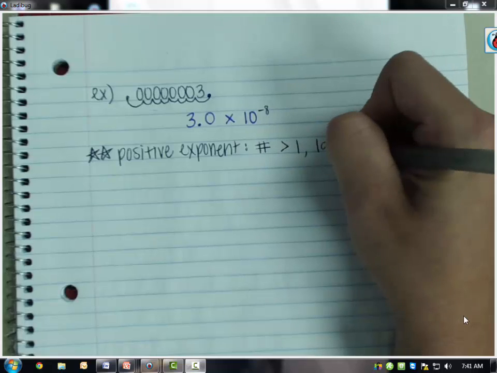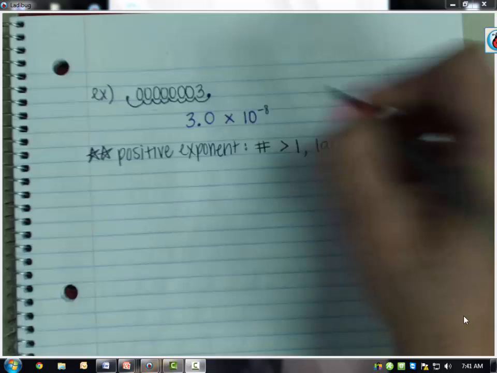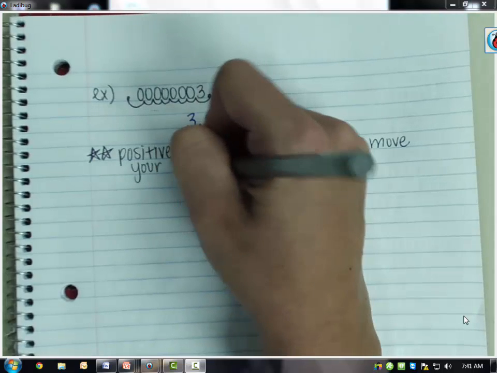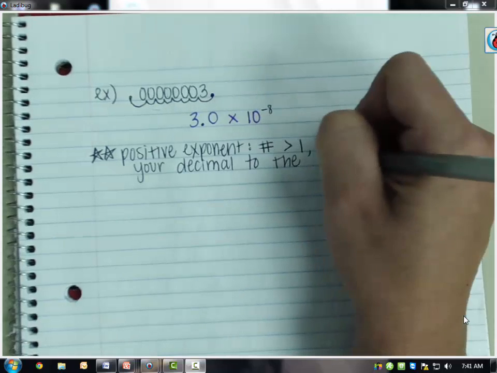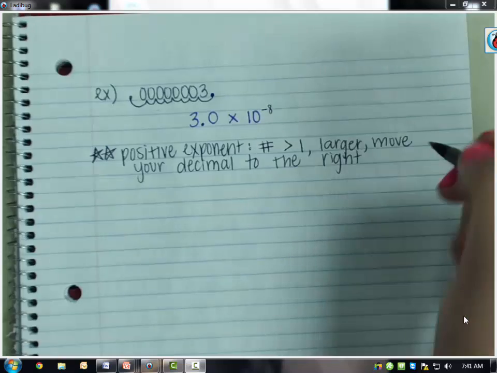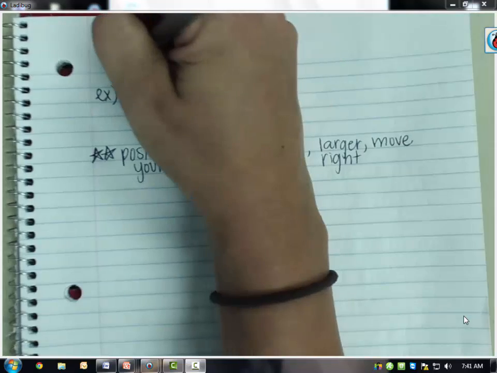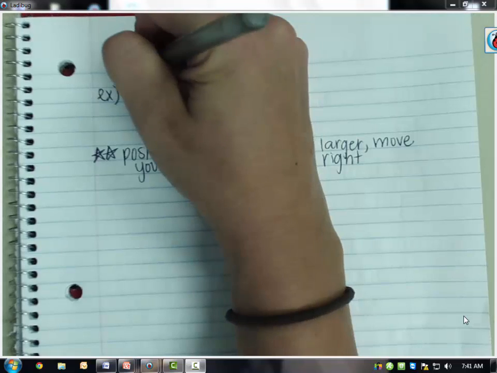Move your decimal to the right. Okay, so if you looked on the first example, we had 97, and so on. Remember, we moved our decimal this way. Okay, moved it to the right.